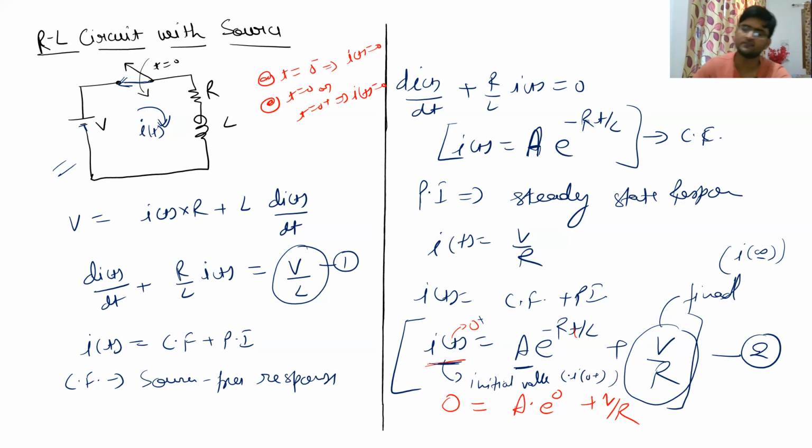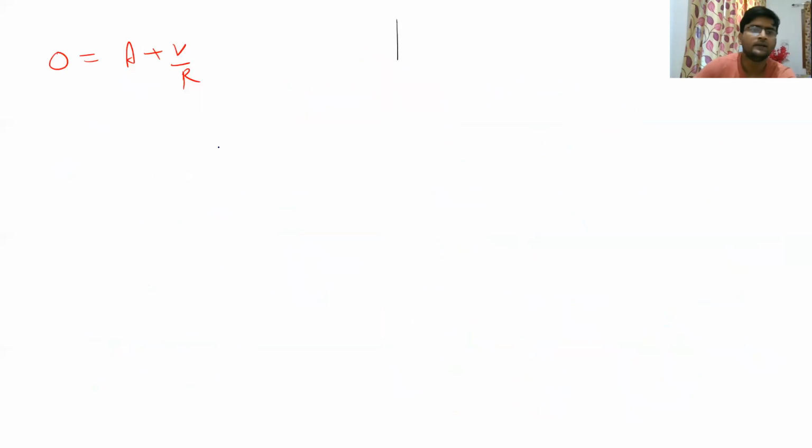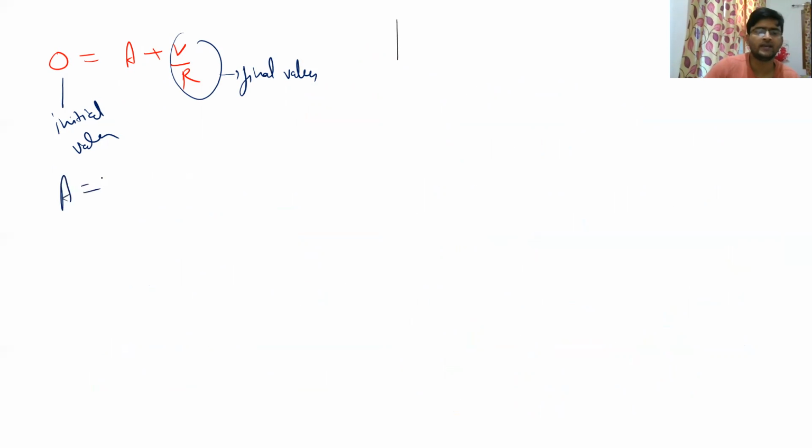So in this particular section, we are going to represent initial value as time t is equal to 0 plus, and final value as time t is equal to infinity. So if you see very clearly, this value is your initial value and this value is your final value of current, right? So if you rearrange, you can find the value of A as 0 minus V divided by R, which will finally be minus V divided by R.